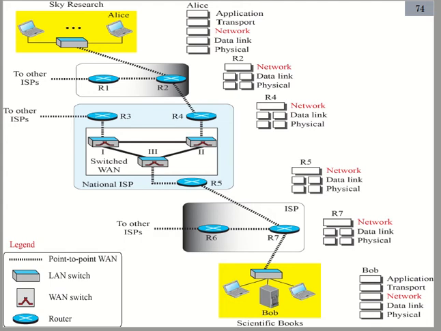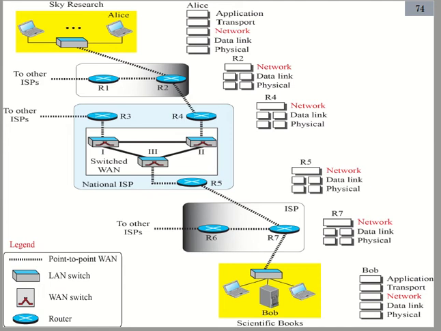As we can see in this diagram, the communication between Alice and Bob takes place through the source host, the destination host, and the routers in the path: router R2, R4, R5, as well as R7, which link the source and the destination.